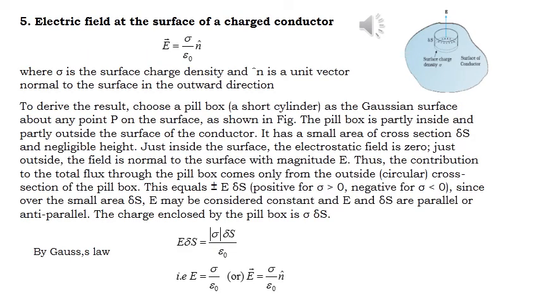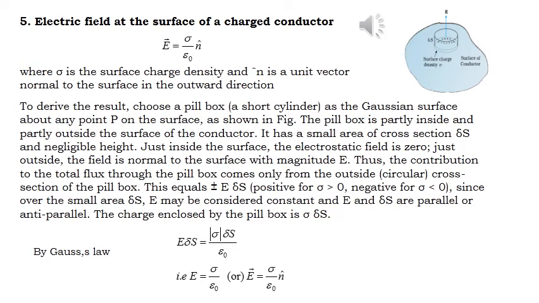So this is a very important application of electric field. Why? Because the electric field at the surface of a charged conductor is not sigma by 2 epsilon naught, but sigma by epsilon naught times n cap. Why? Because this is not a uniformly charged sheet, and in a charged conductor the net charge inside is 0.